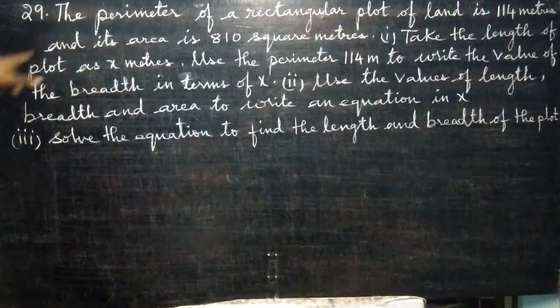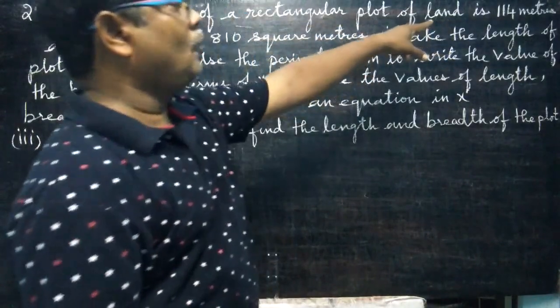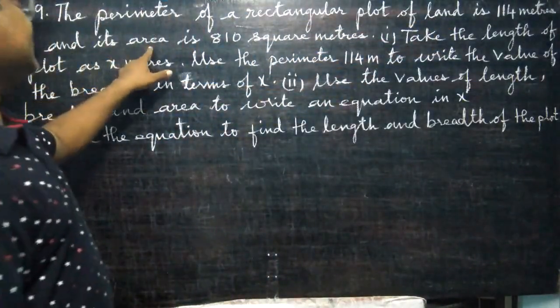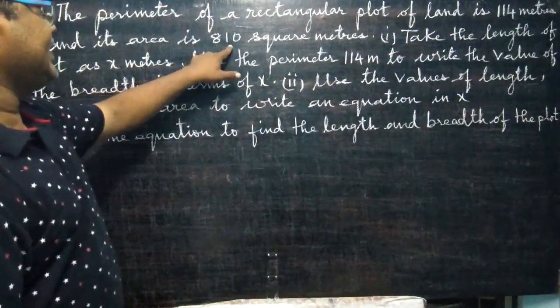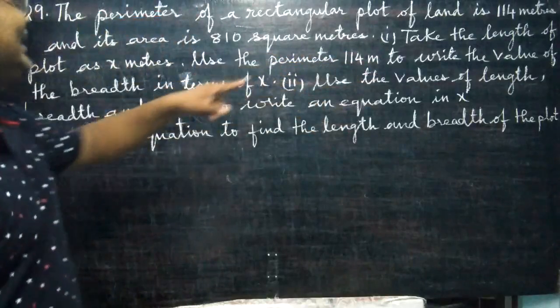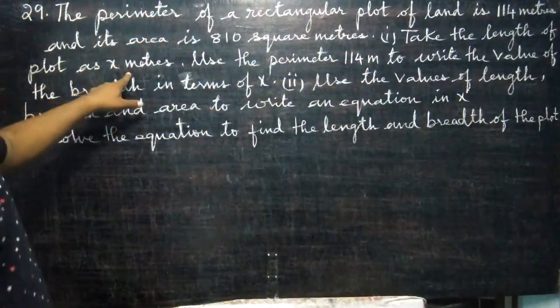29th problem. The perimeter of a rectangular plot of land is 114 meters and its area is 810 square meters. First bit, take the length of plot as x meters.